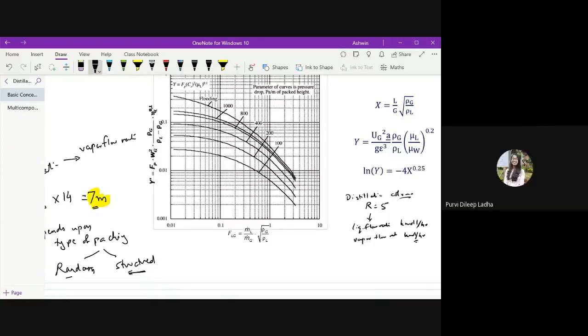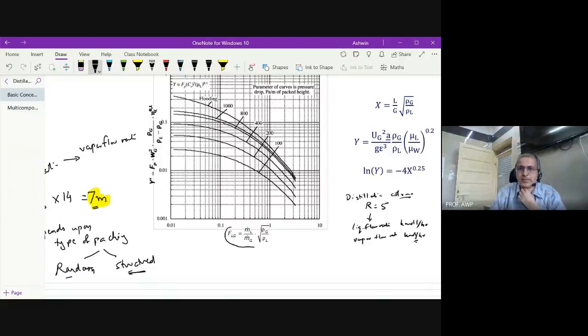Yes, sir. Now what is this? Your x-axis is simply a ratio of the liquid flow rate to the gas flow rate, isn't it? So column diameter does not appear in this x-axis coordinate. Do you agree with that? Yes, sir.